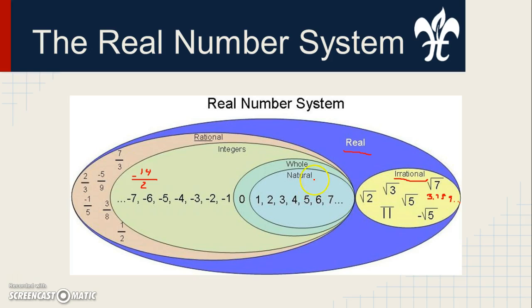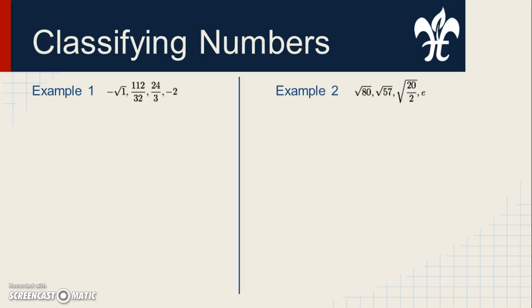And then whole numbers are just all the natural numbers with 0. Integers are all the inverses of the natural numbers. So those three sets can all be written as fractions. They're all considered rational. And all the numbers we've talked about in this slide are all real numbers. We'll get to imaginary numbers later on in this course.